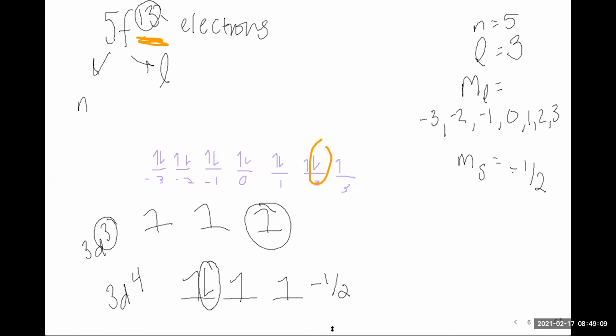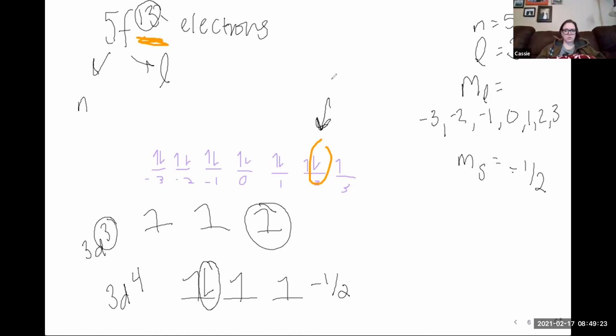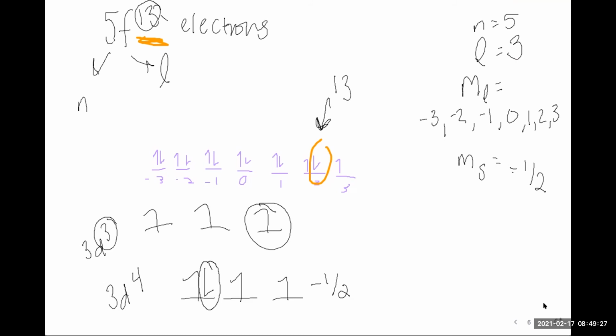Does that make a little bit more sense, Matt? Kind of, but I'm still not understanding why we circled this 12th electron up here and not the 13th. That is the 13th. It's not the 12th, it's the 13th. Remember, we put in the downward last, so that's the last one we drew.